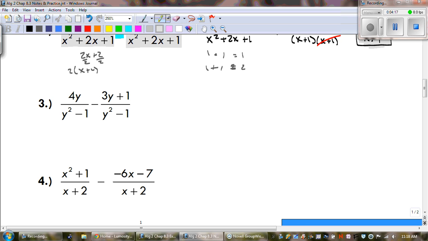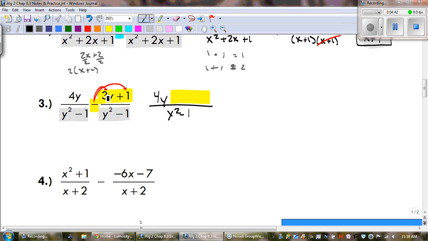Okay, number 3. The denominators are the same, but now we have subtraction. So I have to distribute that to everything in the back. Watch how we do this. The y squared minus 1 stays the same. The 4y stays the same.